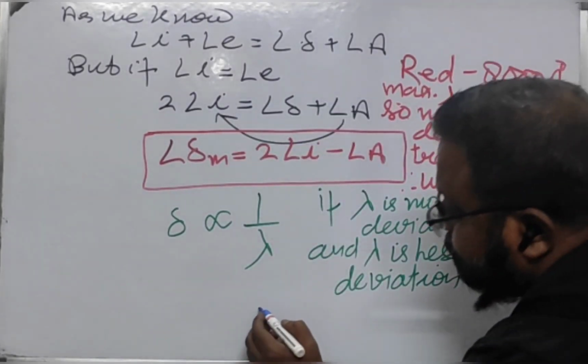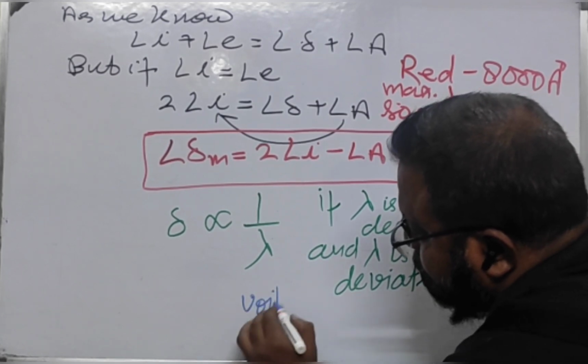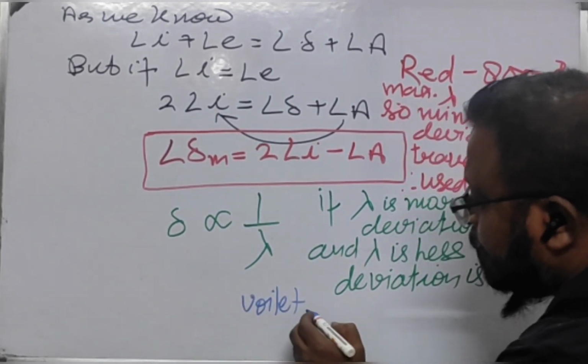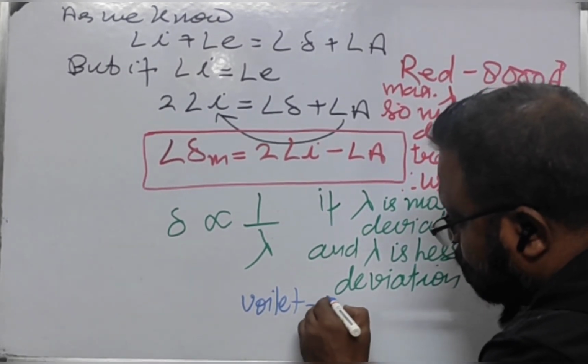And violet color has a wavelength of 4000 angstrom.